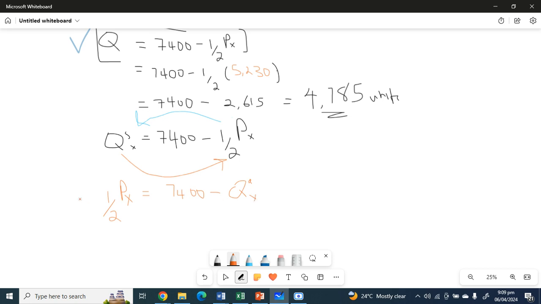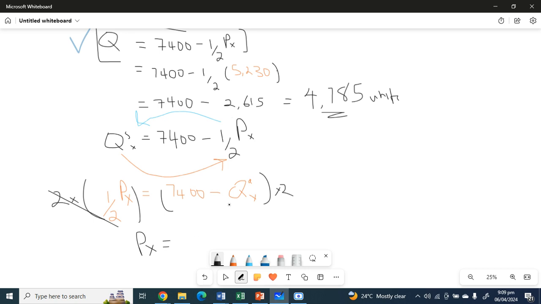Right, so we want to get rid of this half sign. So what you can do is multiply this by 2. What you do on one side, you also do on the other side. So half times 2, that is 1. So that's how we get PX.